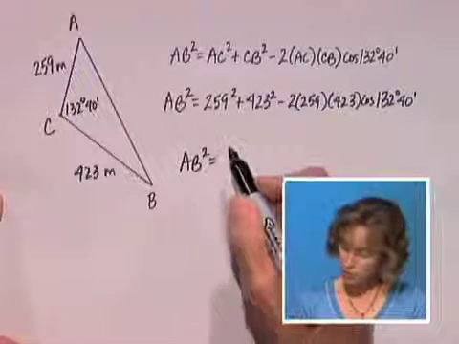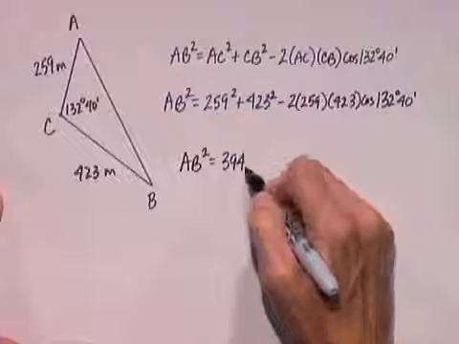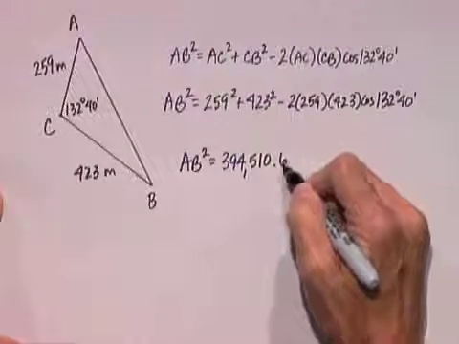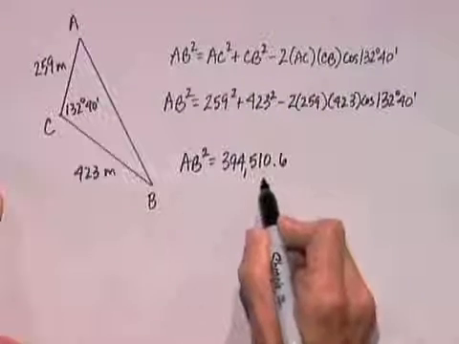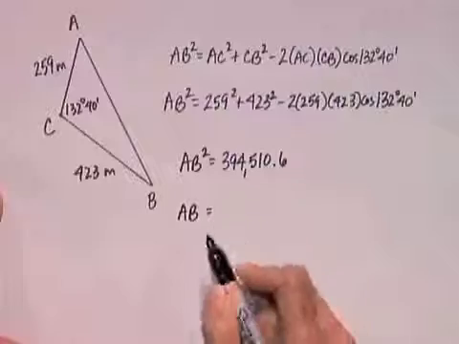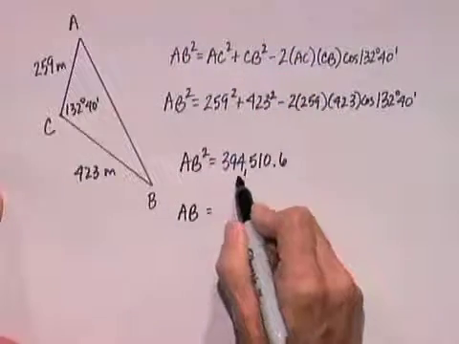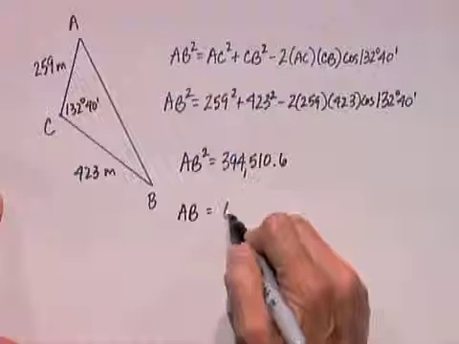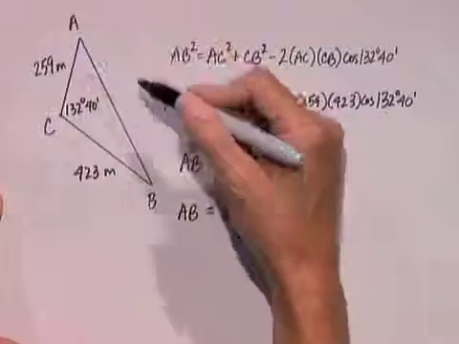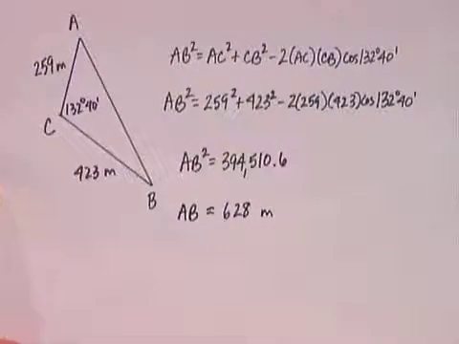Side AB squared is 394,510.6. To get side AB, I'll take the square root of each side. I don't need to worry about it being negative since it's a distance. The square root of this number is about 628, which means the distance from A to B is 628 meters.